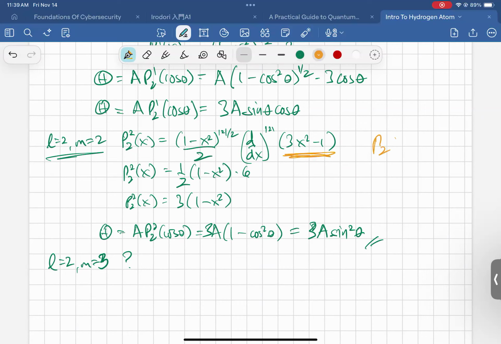Okay, so for P2 of x, ibig sabihin kasi if you take the third derivative of that, then the expression will become 0.